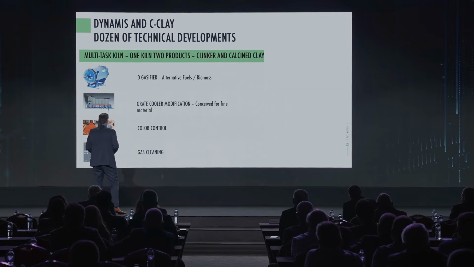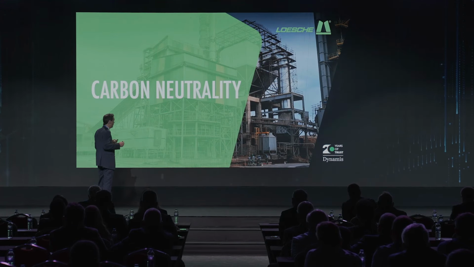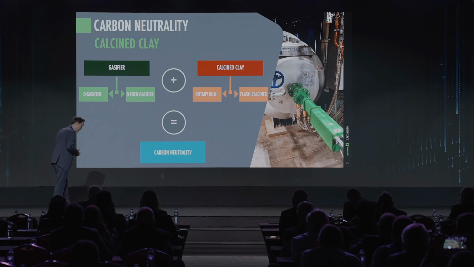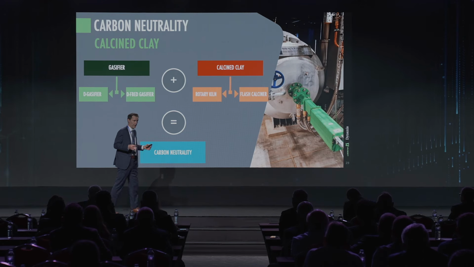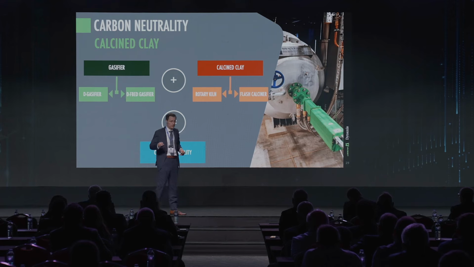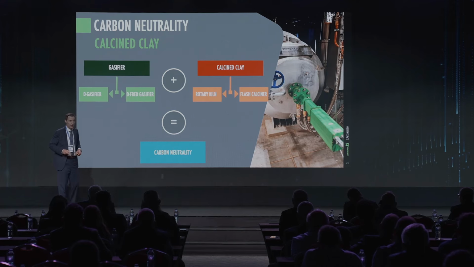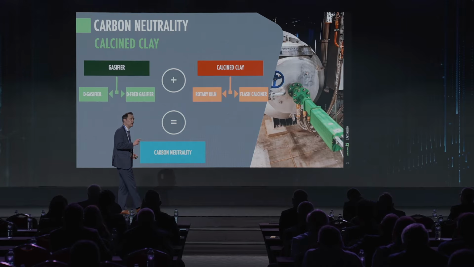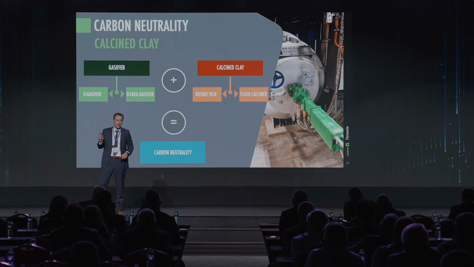So now, to conclude, going finally to carbon neutrality, the idea here is to demonstrate that using our gasification technologies, which can be a degasifier or a DF bed gasifier, in a calcined clay kiln, we can achieve carbon neutrality producing calcined clay.